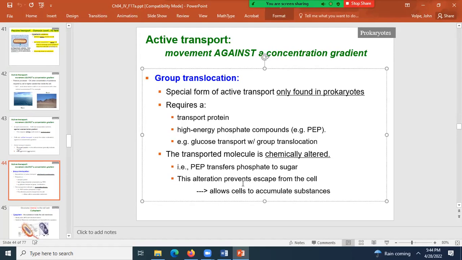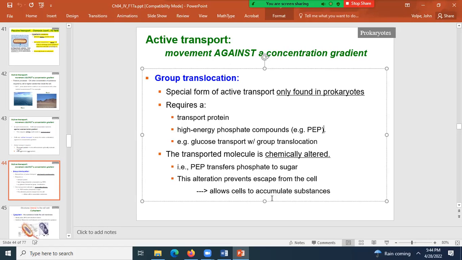This alteration helps prevent the escape of the molecule from the cell, and it allows the cell to accumulate substances at a higher concentration than would otherwise be possible. Think about it.